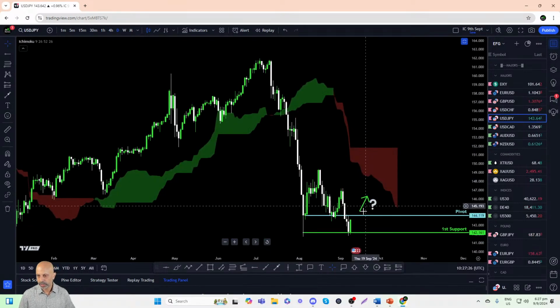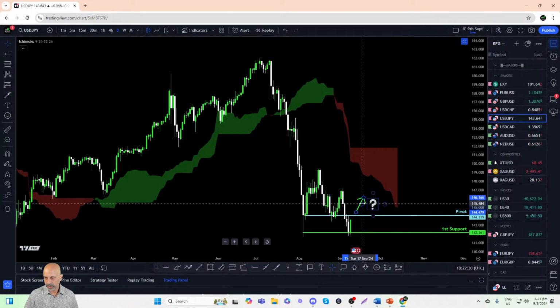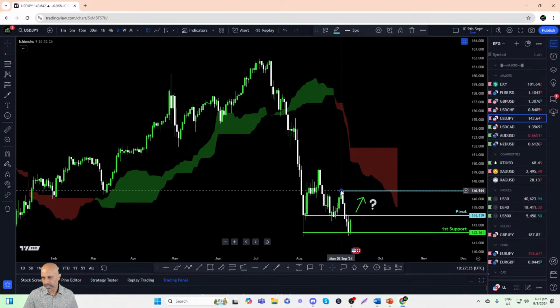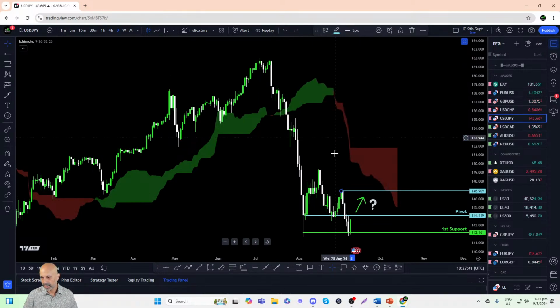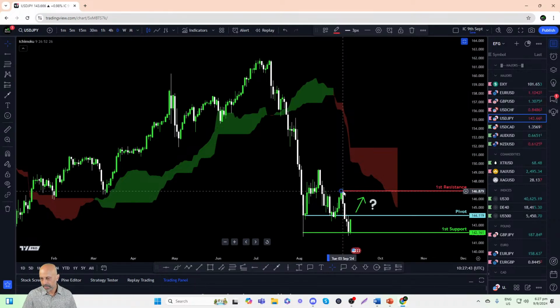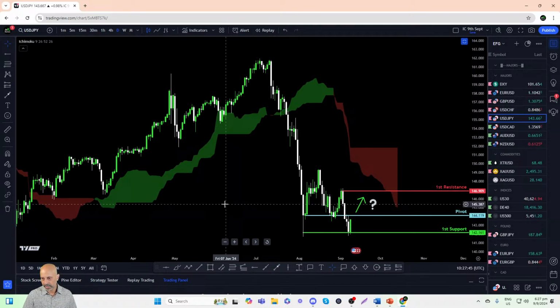So we have a potential bullish breakout opportunity for the dollar yen, and should that bullish breakout take place, it's quite likely it's going to run into resistance at the swing high here that occurred on 2nd of September at 146.90. This is a swing high resistance that occurred on Monday and Tuesday at 146.90.